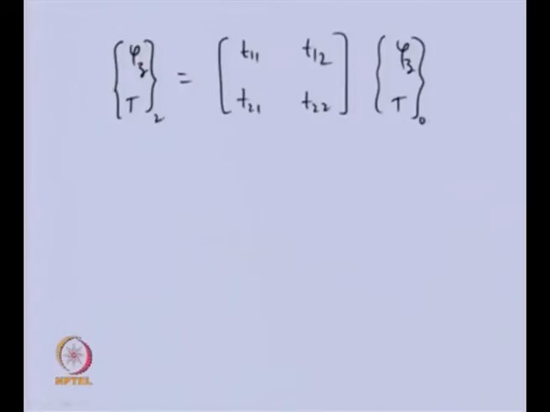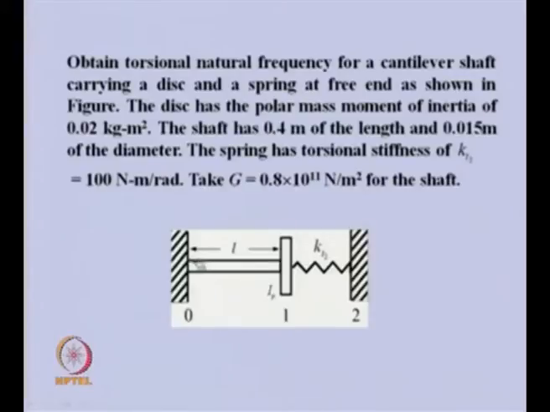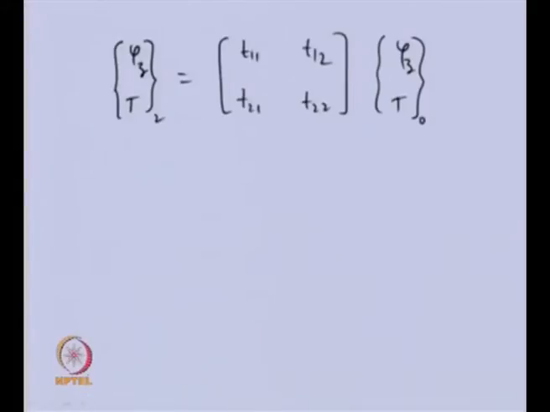Now, as we can see, both ends are fixed. That means we have angular displacement 0 at station 0, and here also it is 0. These two boundary conditions we need to apply here. If we expand this into equations, we get the first equation, and then the second equation.